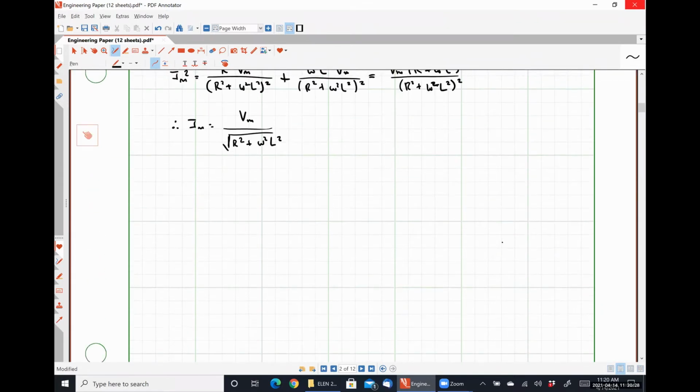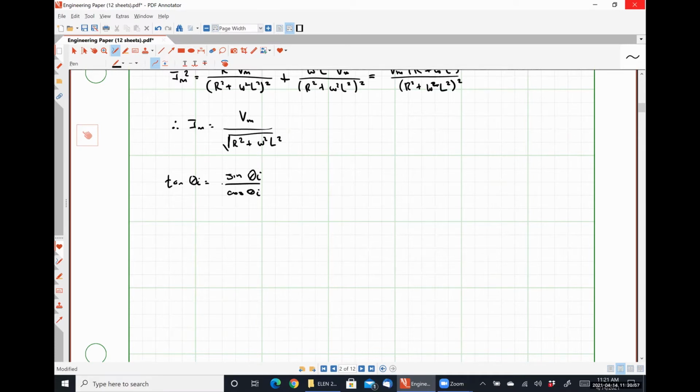So for theta I, I know that the tangent of theta I, by definition, will be the sine of theta I divided by the cosine of theta I, right? Basic trig rule.